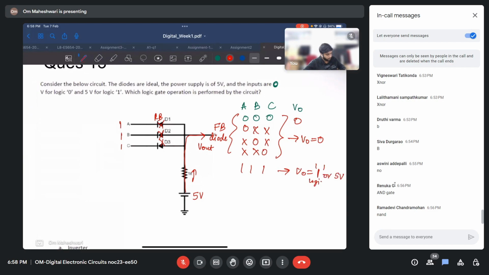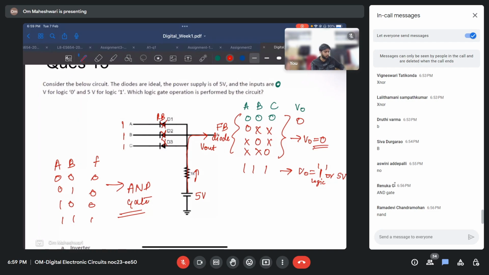Logic. So when does this happen? 0, 0, 0, 1, 1, 0, 1, 1, 0, 0, 0, 1. It is typically an AND gate. That is the similar case here: when any of the inputs is 0, output is 0. When all the three inputs are 1, then output is 1. This is an AND gate.